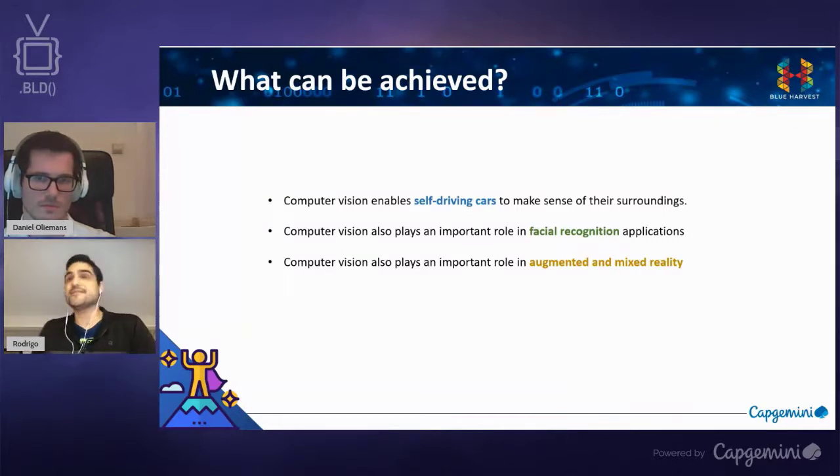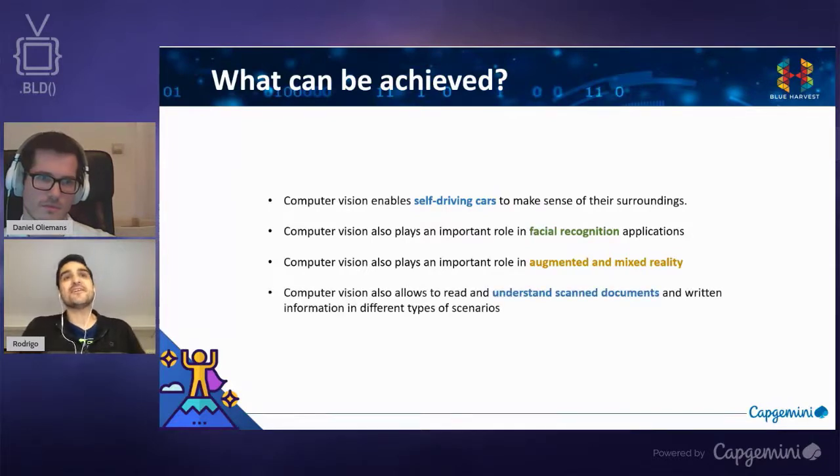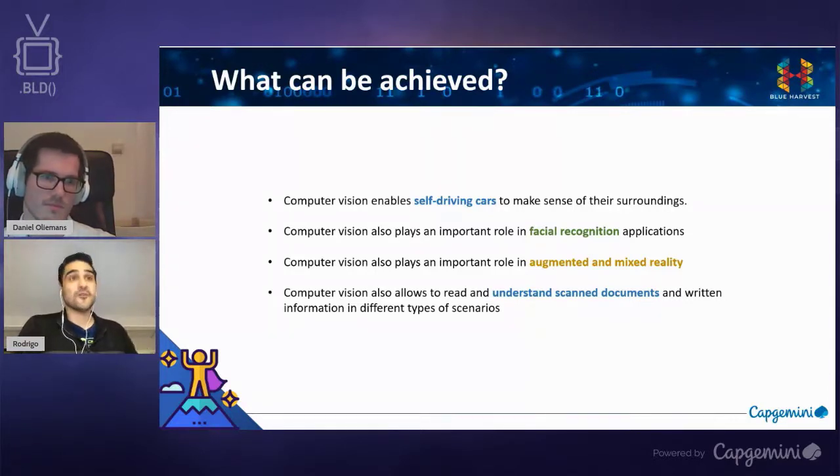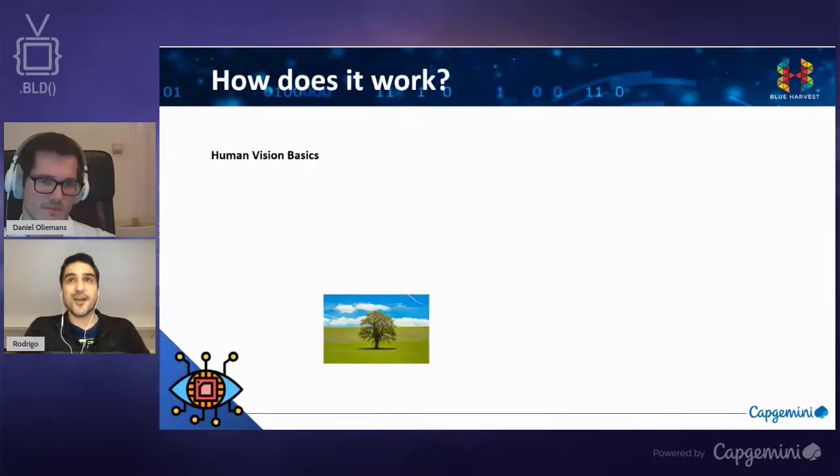Also, it's less fun, but very important: computer vision allows us to understand scanned documents and written information in different types of scenarios. And that's one of the things we do the most in our current assignment, trying to make sense of documents. So, yeah, I will let Daniel continue from here.